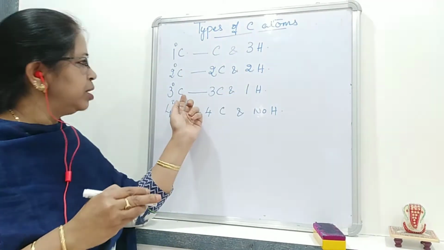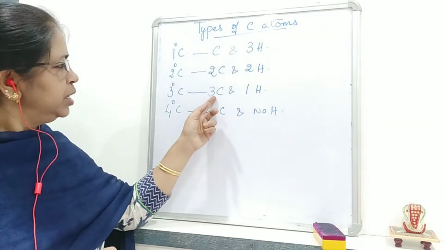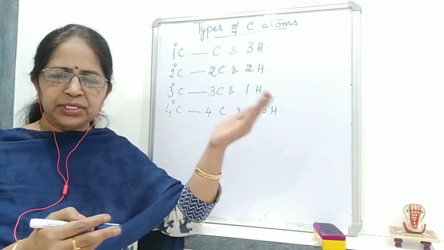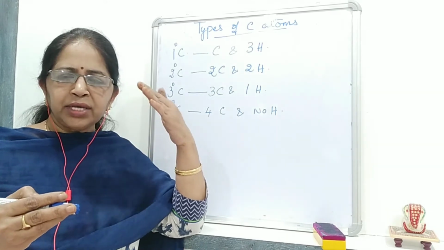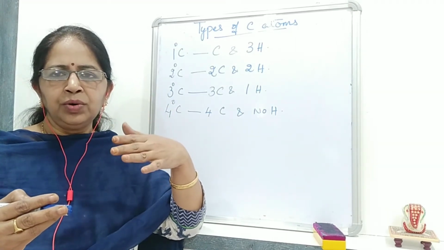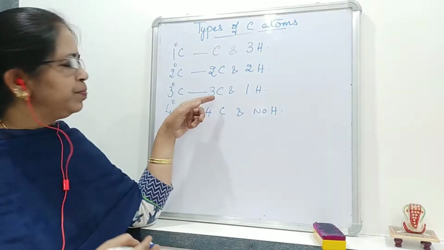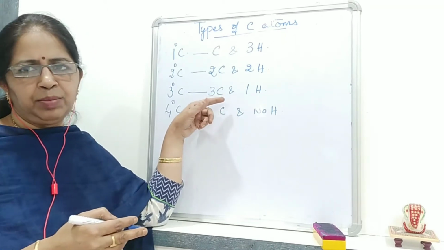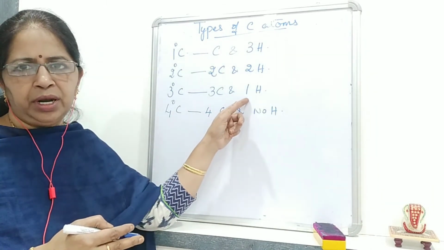And a tertiary carbon is the one which is attached to 3 other carbon atoms. So, a tertiary carbon atom is attached to the left side, right side and upside or downside. So, side chains or branches must be present to have a tertiary carbon. The chains having branches only will have tertiary carbon atoms, with 3 carbon atoms and 1 hydrogen atom.